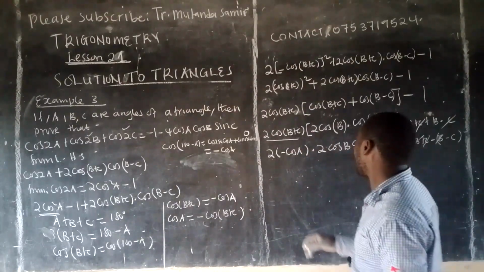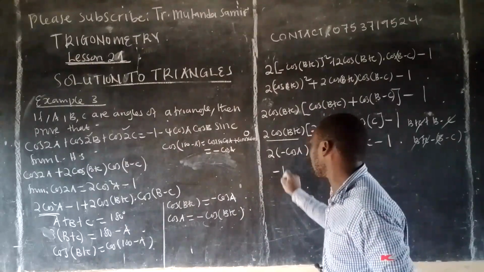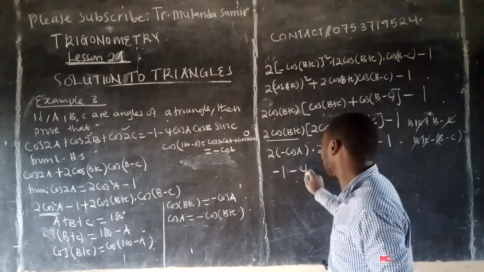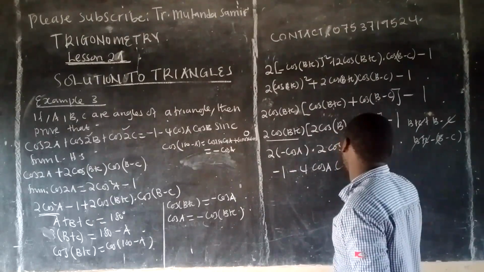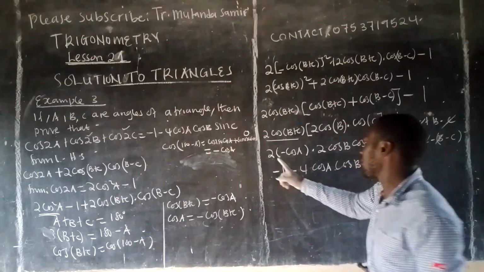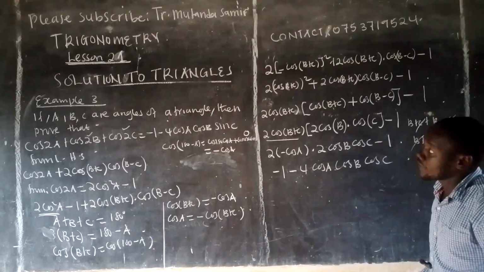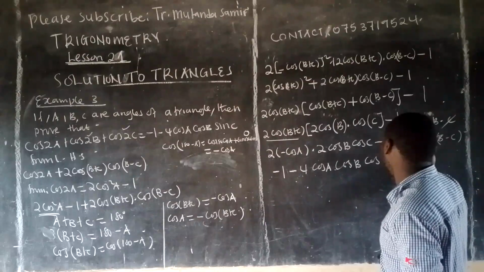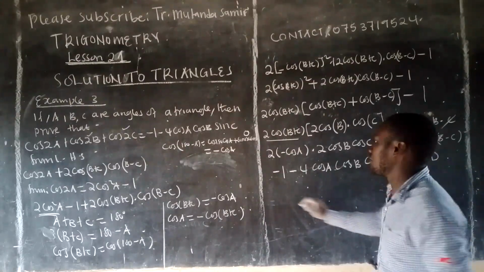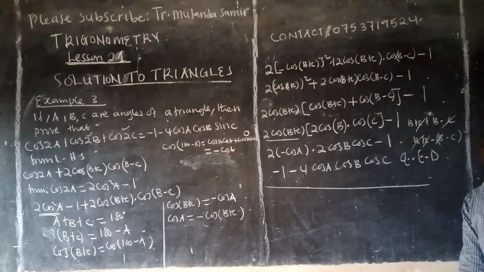That's what you're having. Now when you apply, you can start with the negative 1. This time this will be minus 4 cos a cos b cos c, where 4 is coming from 2 times 2. And when you look at that, we can say it is quite easily done, as required.